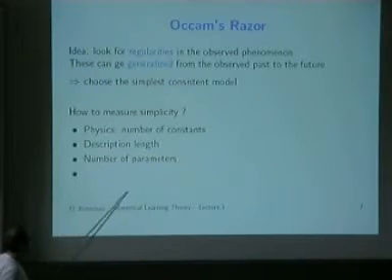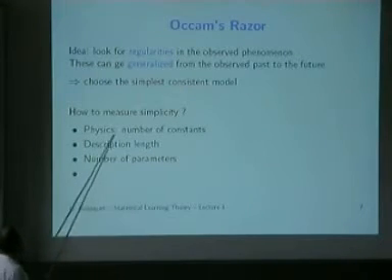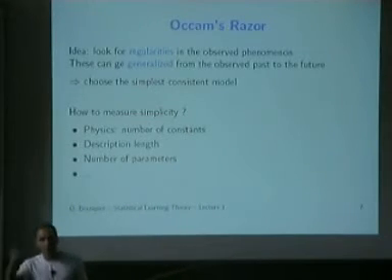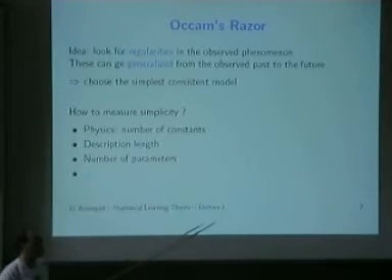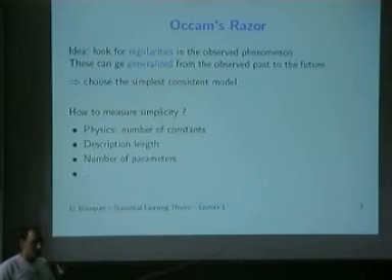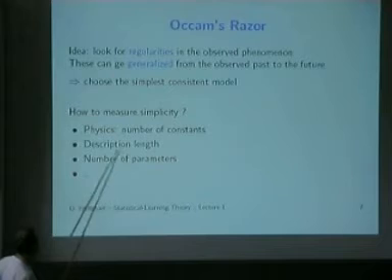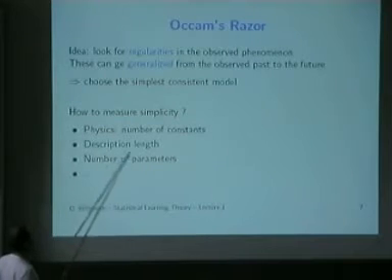And there are many ways of doing it. In physics, people try to find laws that explain, I don't know, the movement of planets with a limited number of parameters, and the fewer parameters you have, the simpler the law, somehow, in the view of physics. Or you can use description lengths.